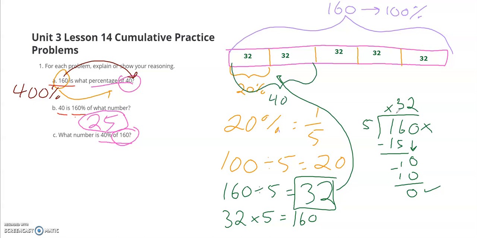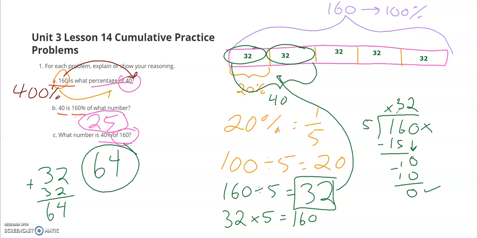So 40% is going to be 2/5, or 32 plus 32. 2 plus 2 is 4. 3 plus 3 is 6. 64 is 40% of 160.